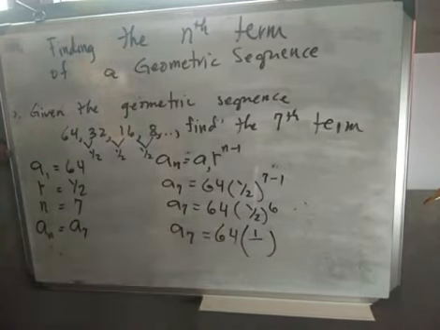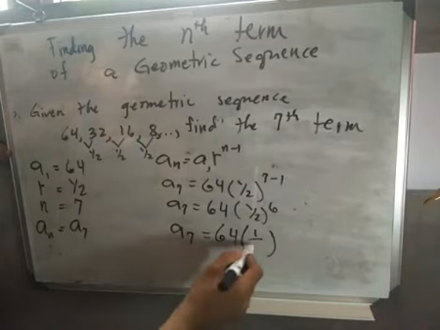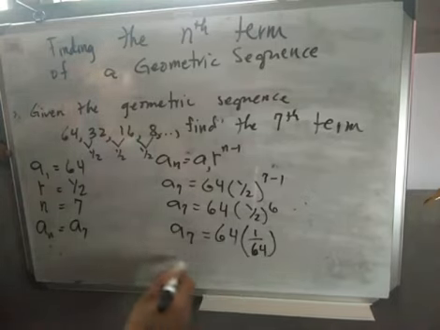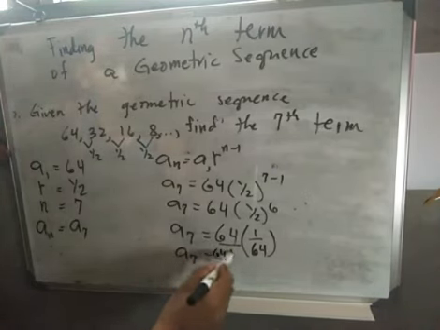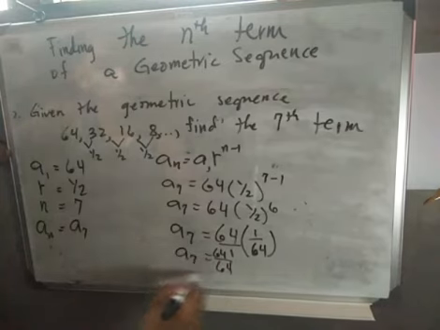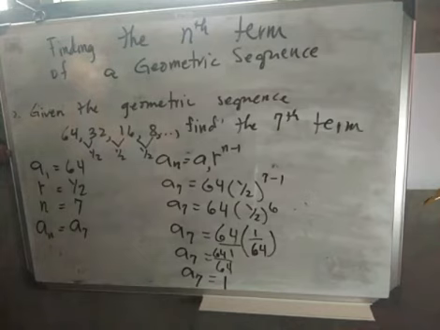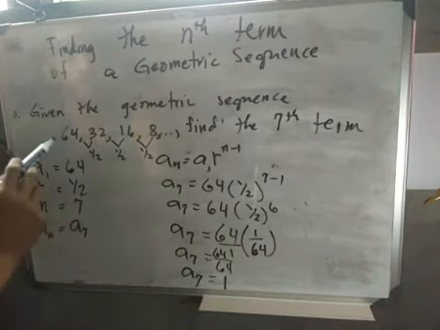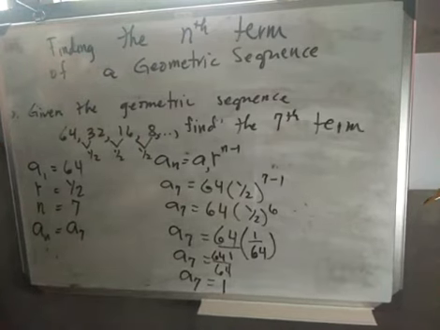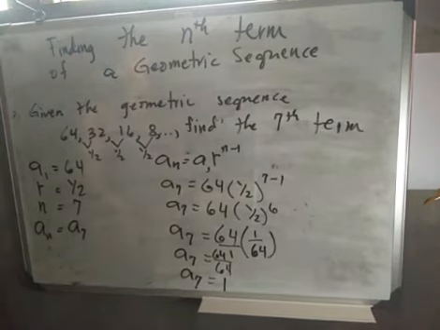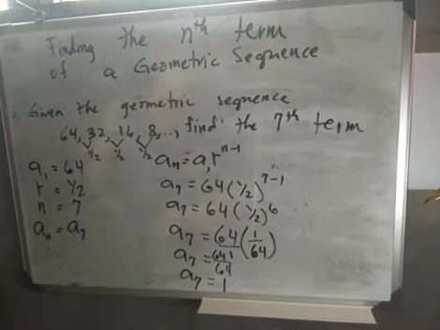Then 2 times 2 times 2 times 2 times 2 times 2, that is 64. So a sub 7 now is equal to 64 times 1/64. Then 1 times 64, that is 64. So yung a sub 7 natin, that is 1. Therefore, the seventh term in the geometric sequence 64, 32, 16, 8 is 1. So that is how you're gonna find the nth term of a geometric sequence.